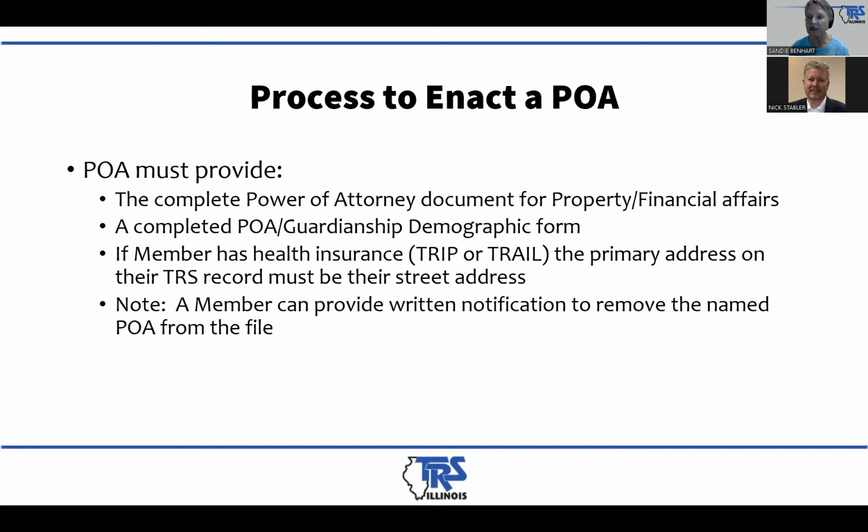So your actual TRS record would still represent your own primary address. And then at some point again, the TRS member, being you, can provide written notification that you want to remove a POA from the file. So you still have a lot of control with this, but it does allow somebody else to make changes if that seems to be better.